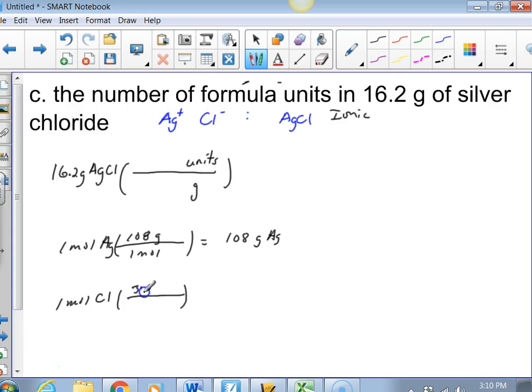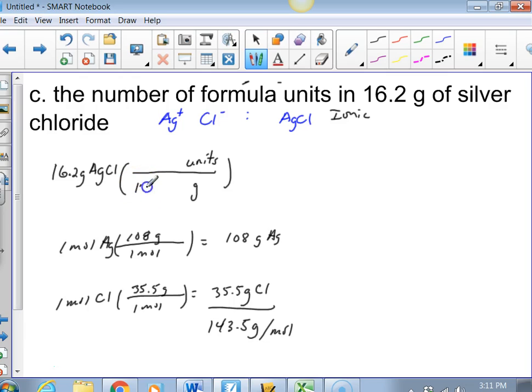It's 35.5 grams for every 1 mole. Equals 35.5 grams Cl. So that gives us a sum total of 143.5 grams per mole of AgCl.